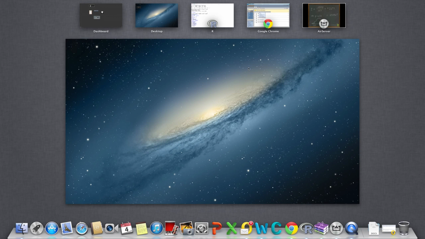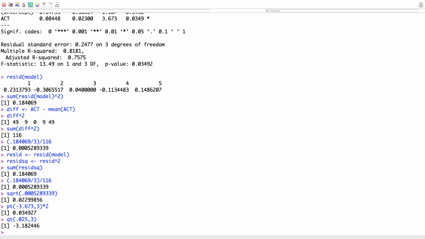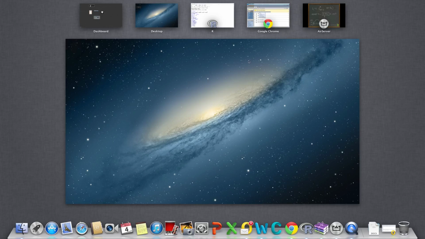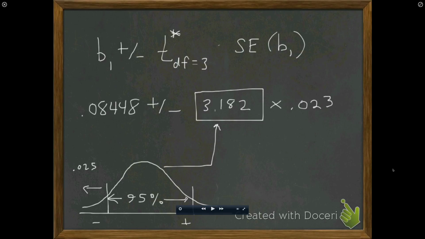So back to R. Hopefully you haven't forgotten that we do that with qt. We want 0.025 to the left, degrees of freedom 3. So we have 3.182, precisely 3.182446. You can see I've already written that there.